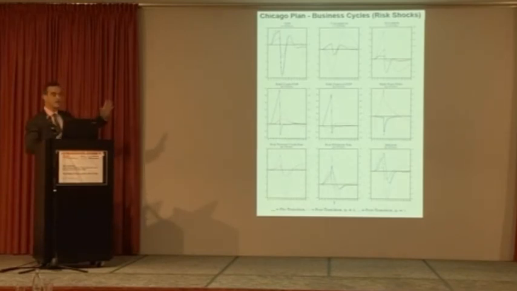Then I'm assuming after 3 years, it turns out that this was all just a misperception by banks, and they suddenly become very pessimistic about the economy, and everything tanks, and GDP tanks by about 6% here, which is sort of the order of magnitude of the Great Recession.